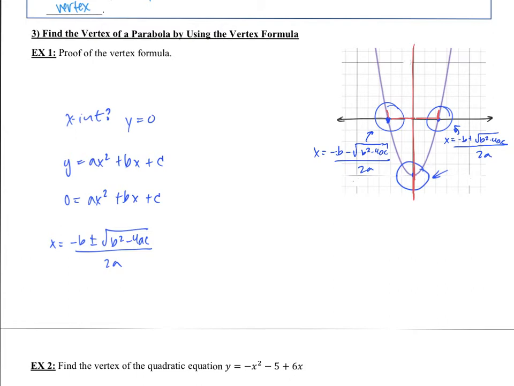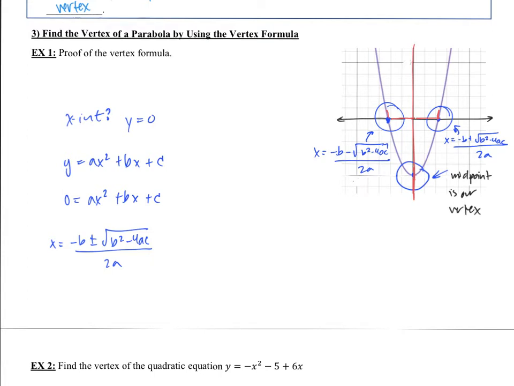Well, how do you find the midpoint between 2 values? You add them up and divide by 2. So we're going to go ahead and do that to find the midpoint. And when we find the midpoint, that is our vertex. Okay, so we have my 2 x values.